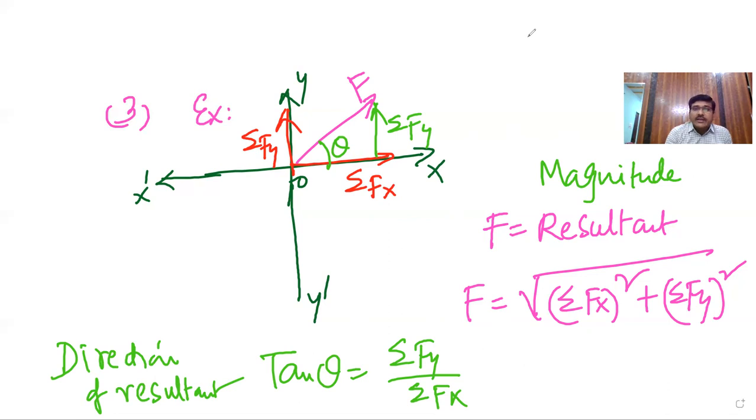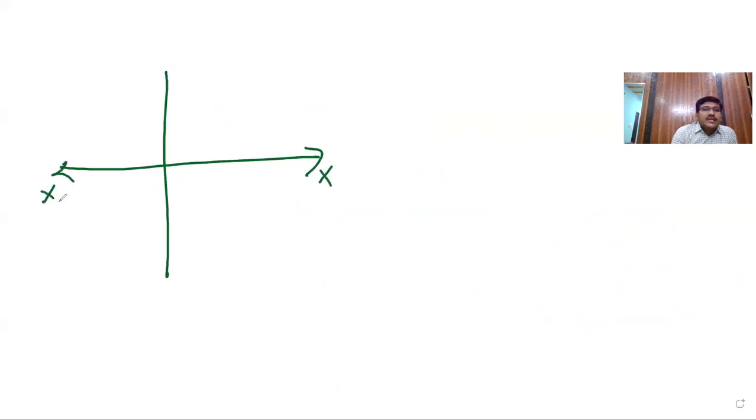Have clarity in the concept. Suppose this is the positive x-axis, negative x-axis, positive y-axis, negative y-axis. Suppose in summing up you have got sigma Fx with a minus sign. The magnitude you got, and the negative sign is showing, so put that vector towards the negative x-axis.